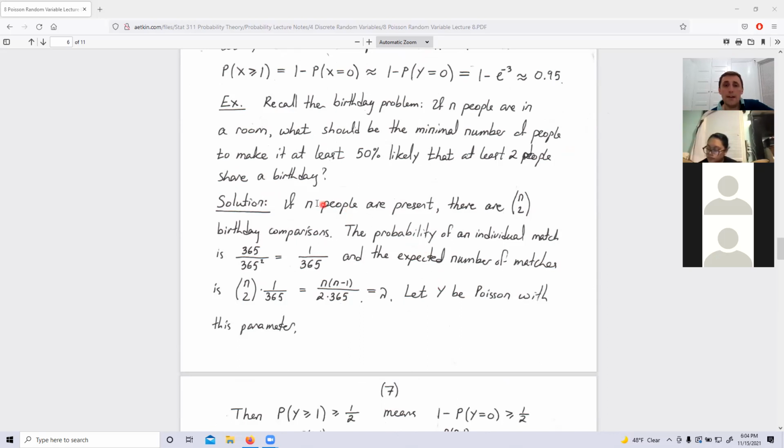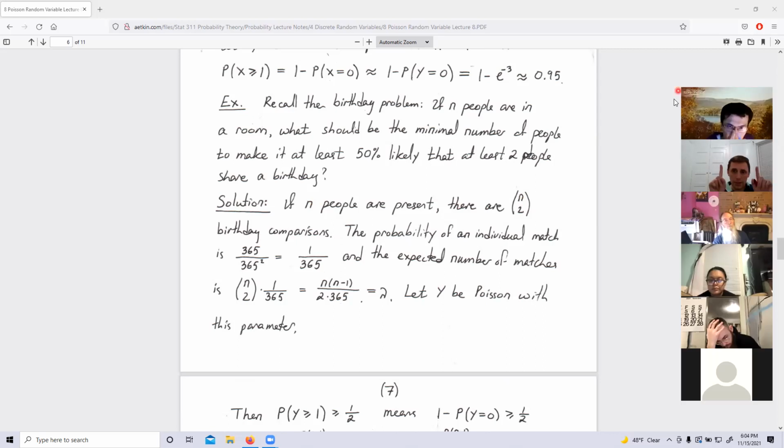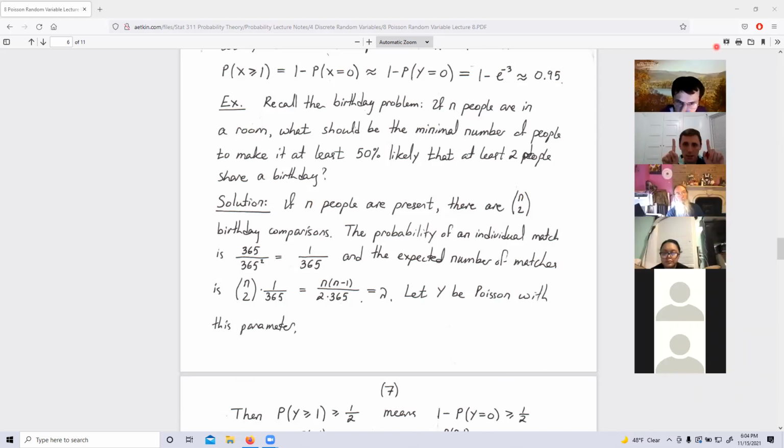Well, if I have n people, I can imagine the problem of matching has n choose 2 trials. You agree? Because we compare at a time every possible 2 people, right? So that's why it's n choose 2 trials. Make sense?